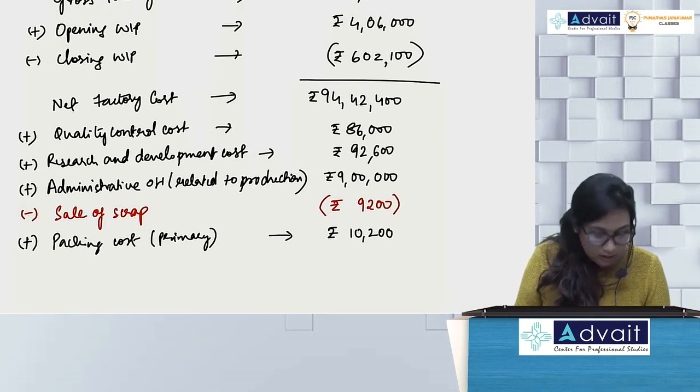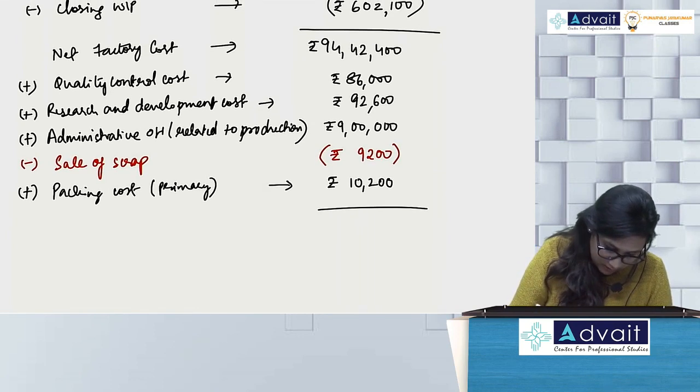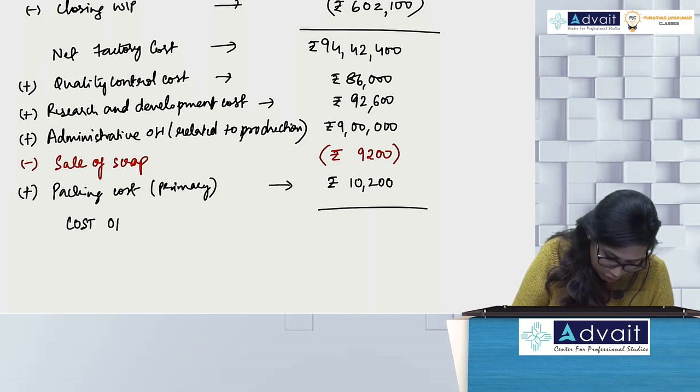So we are done. So let's calculate the final figure here. This is my cost of production.